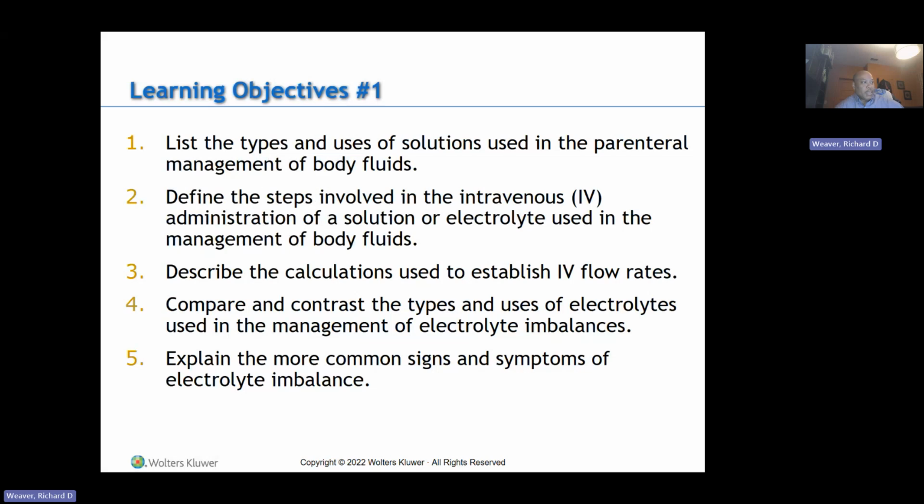And describe the calculations used to establish IV flow rates. Much of this is also in the PowerPoint for you to take a look at. Compare and contrast the types and uses of electrolytes used in the management of electrolyte imbalances. And remember, this is what it's all about.